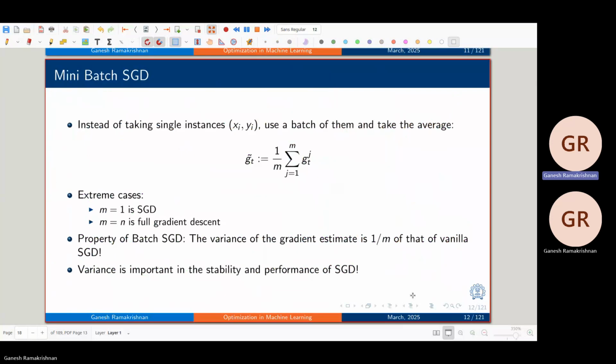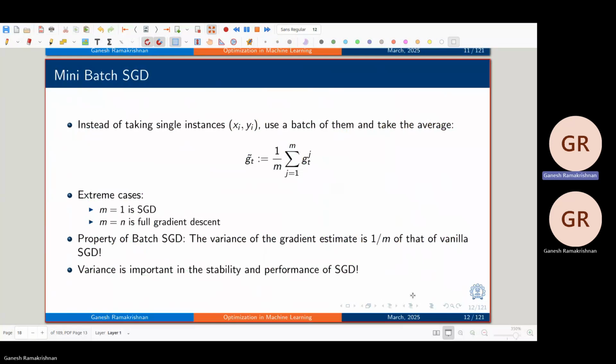Okay, so this is mini batch. I think we have given enough motivation for mini batch stochastic gradient descent. Instead of taking single instances, use a batch of them and take the average. The extreme cases are the stochastic gradient descent case where M is 1, which means each batch has size 1, and M equals N, which is full gradient descent. With that, I will complete what I wrote on the board. Inside, I'll have 1 upon m, because the size of each group is m.